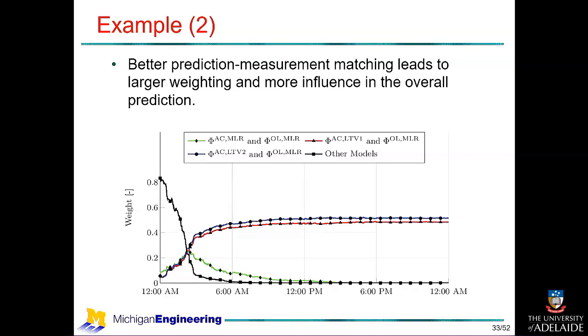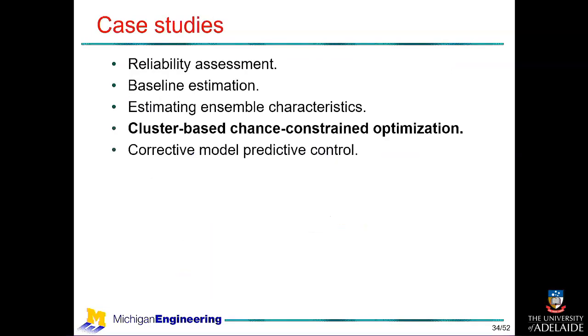And then the other models drop down to 0 as the preferred models pick up the maximum weights. Okay, starting to rush, like drinking from a fire hydrant. So maybe we won't even get to the last part, but the next thing I wanted to talk about was this cluster-based idea of chance-constrained optimization.